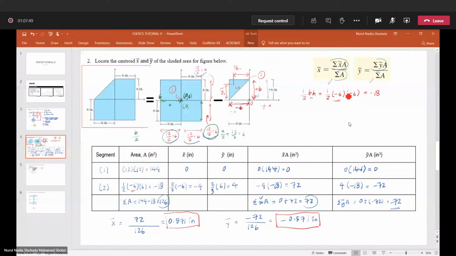So if you want to find the centroid here, it has to be respective to the coordinate xy, which is 0, 0. So that's why the sign is important.